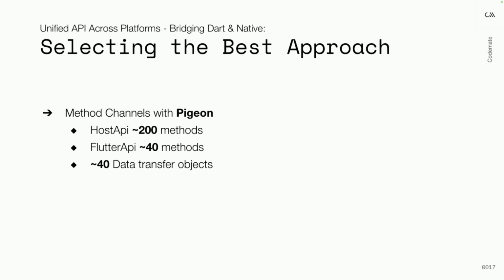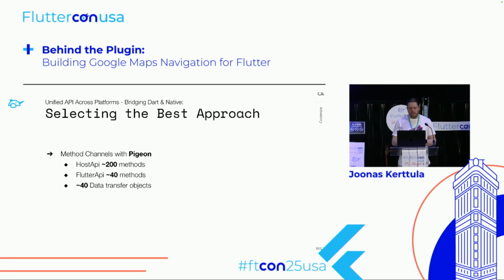Our application and SDK hold about 200 host API methods over Pigeon. Host APIs are the API layer which allows calling native commands from the Dart side. And Flutter API methods are event methods that are coming from the native side to the Flutter side.